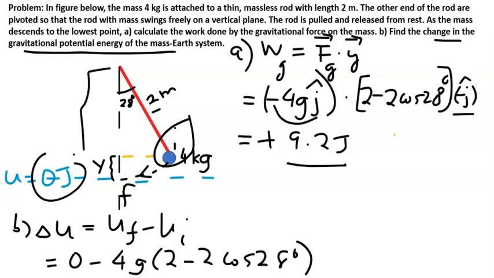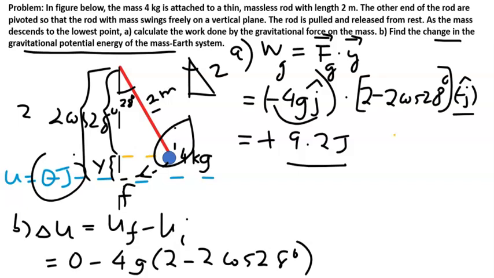Again, this entire thing is 2, and this is 2 cosine 28 from simple trigonometry. Note that we have a right angle triangle. This is 28 degrees. This is 2. So this length must be 2 cosine 28 degrees. And the answer you will get is minus 9.2 joules.